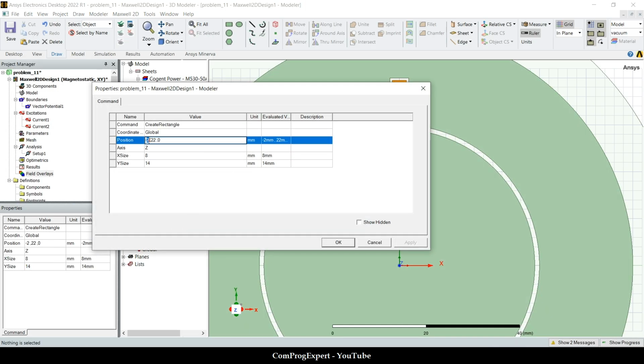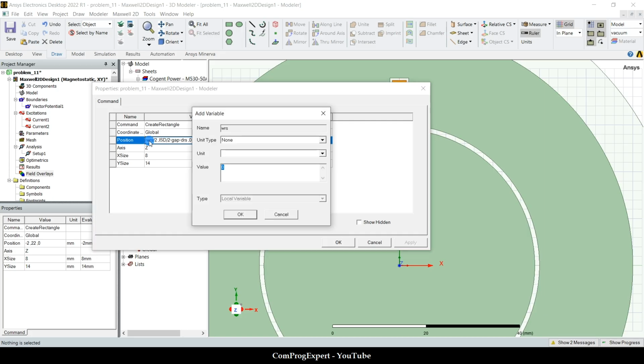This is the negative of the width of the rotor slot divided by 2. And this is the y position, ISD divided by 2 minus gap minus depth of the rotor slot.